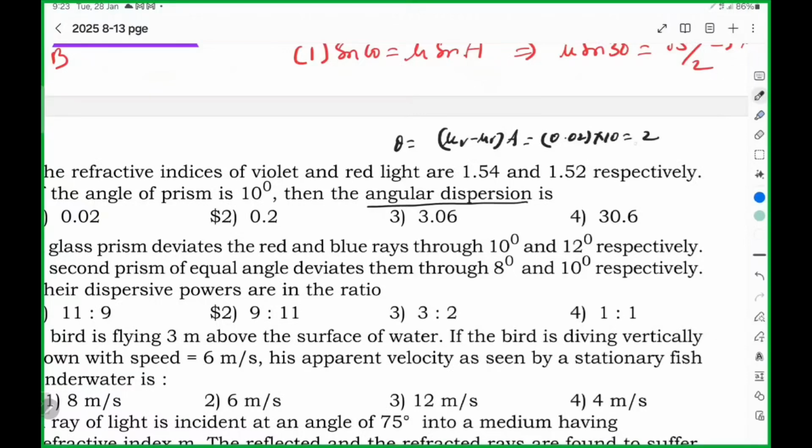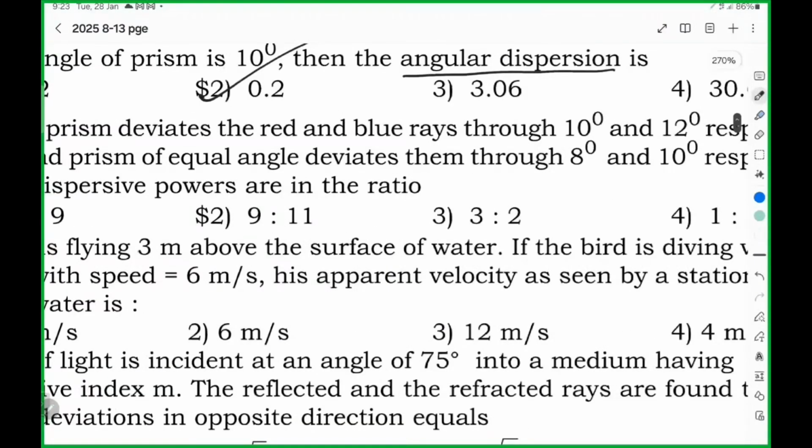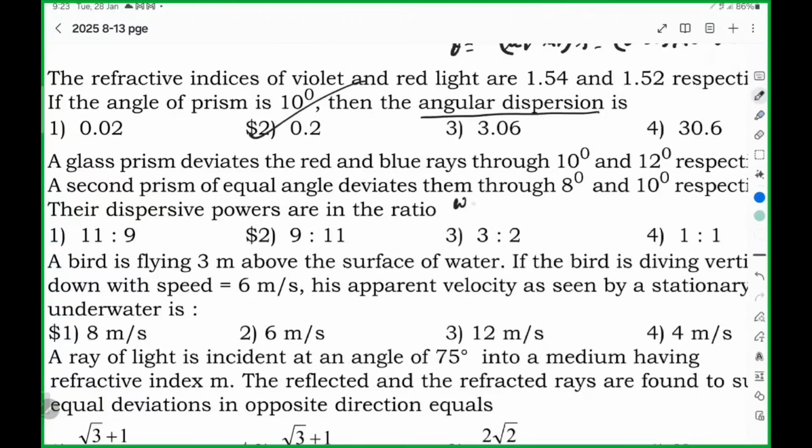And here a glass prism deviates the red and blue rays. Then dispersion will be calculated by using delta v minus delta r by delta y, for the first prism omega 1, for the second prism by delta y.